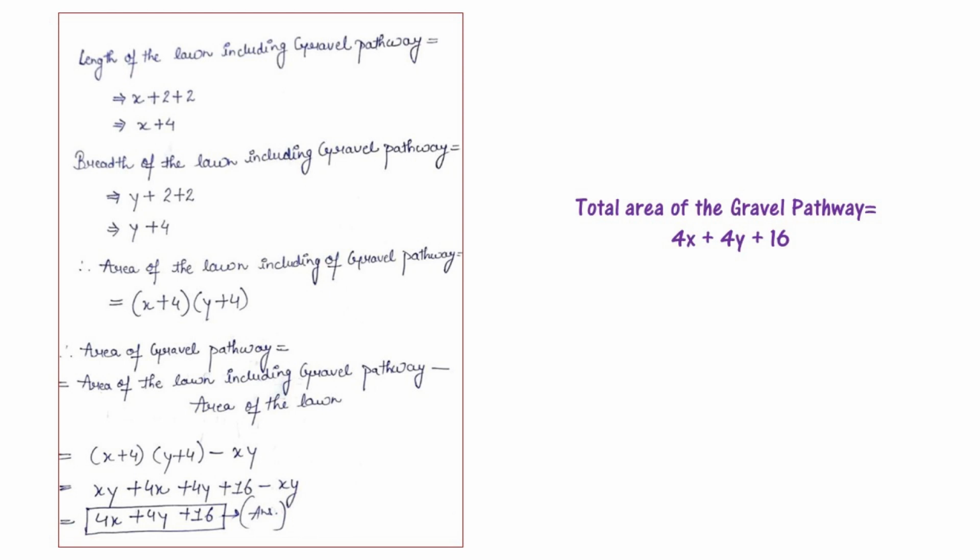The area of the gravel pathway is the area of the lawn including the gravel pathway minus the area of the lawn, that is (x plus 4) multiplied by (y plus 4) minus xy, that is xy plus 4x plus 4y plus 16 minus xy. We get 4x plus 4y plus 16. So the total area of the gravel pathway is 4x plus 4y plus 16.